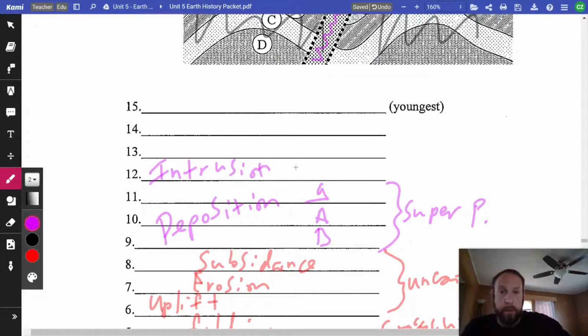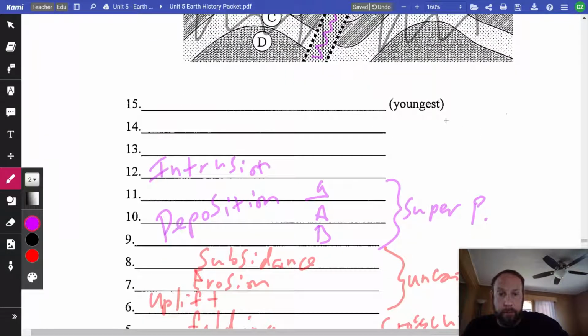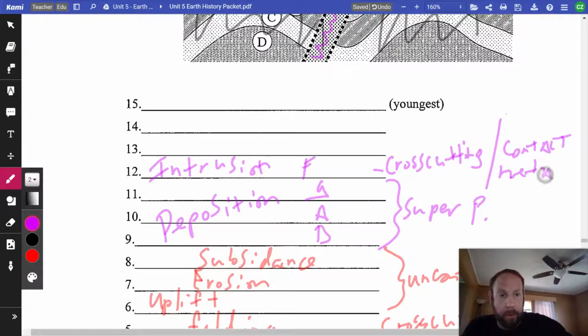All right, so intrusion of F. And we know it's there because of cross cutting at the bottom and contact metamorphism at the top and bottom of the actual layer tells us that it had to be after G. Okay?